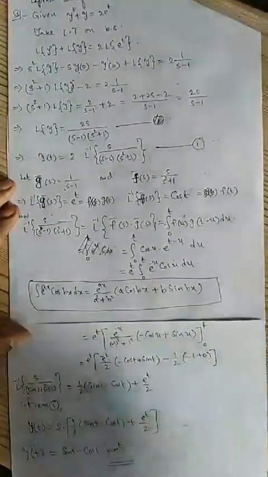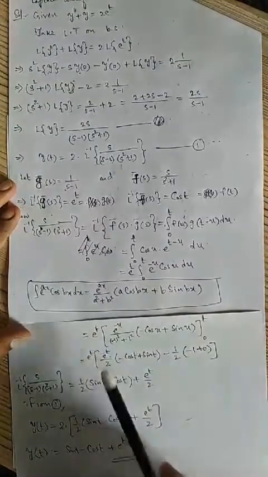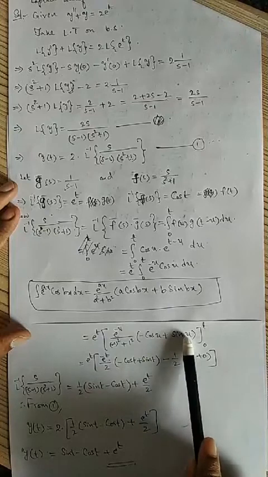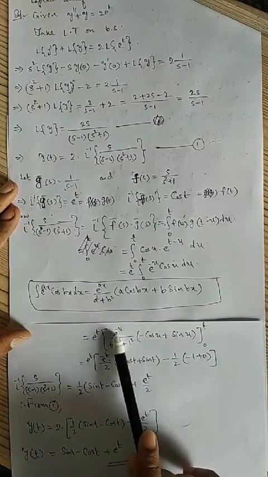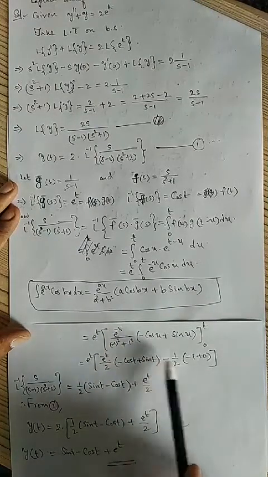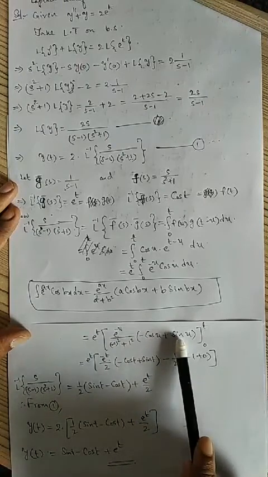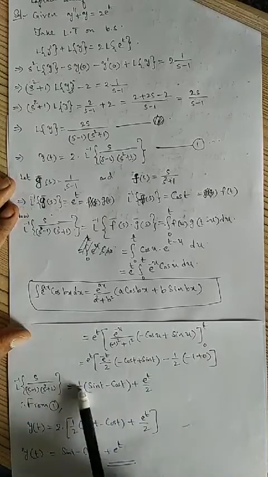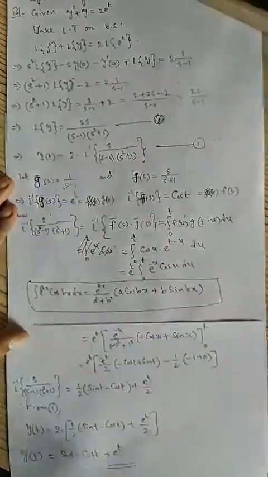Right? Now substitute the limits. At the upper limit, this value will be e power minus t by 2 times minus cos t plus sin t, and minus the lower limit, e power 0, 1 by 2, minus cos 0 plus sin 0. Right? Simplify this, you will get this one. Then you substitute the value of this in the earlier expression, you will get the final answer.